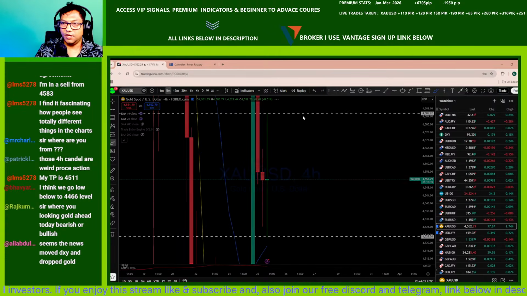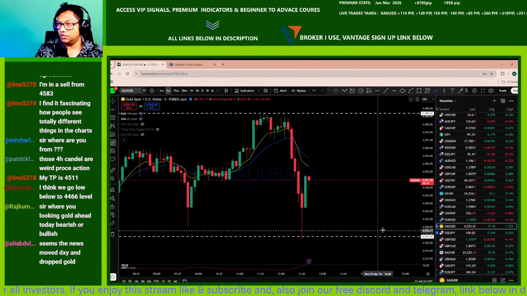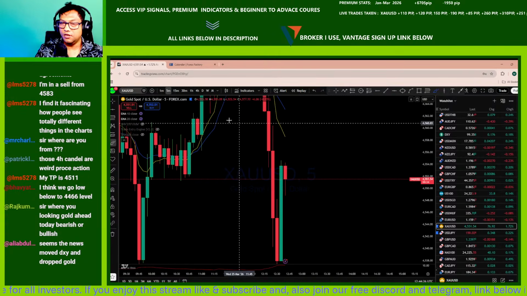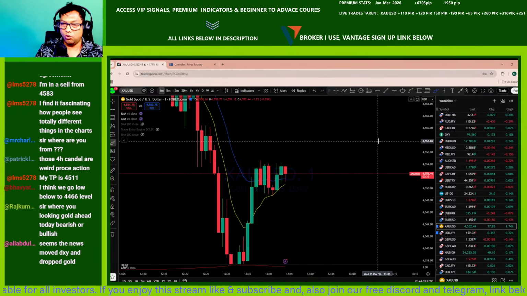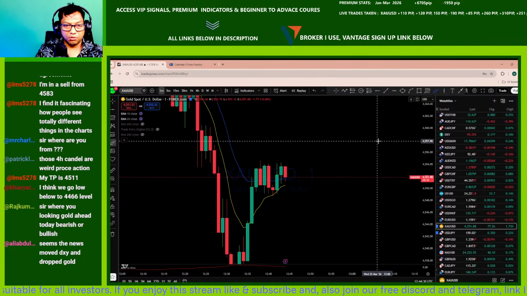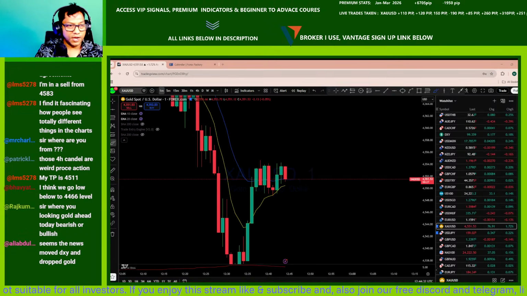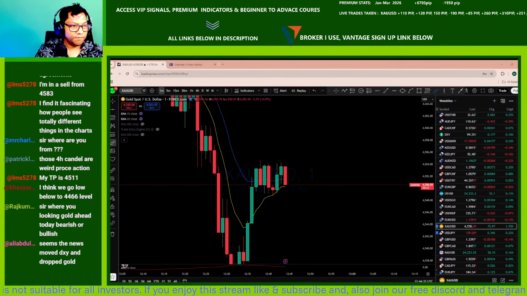Therefore, the 5 minute candlestick closing is also creating a narrow pattern here in that area.